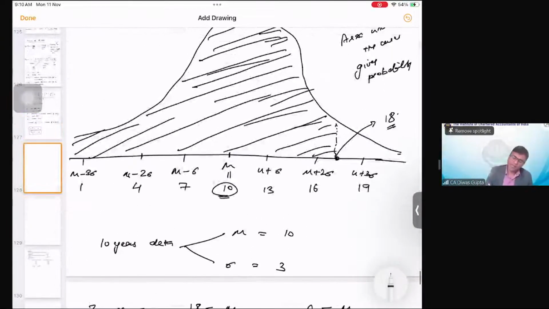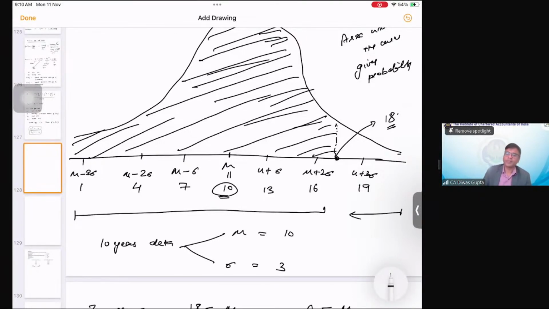And this is called the cumulative area up to here, which is all left to right. We have done cumulative because another way is to see only this area. Okay, we are not talking about right to left. We are talking about left to right, the cumulative area.